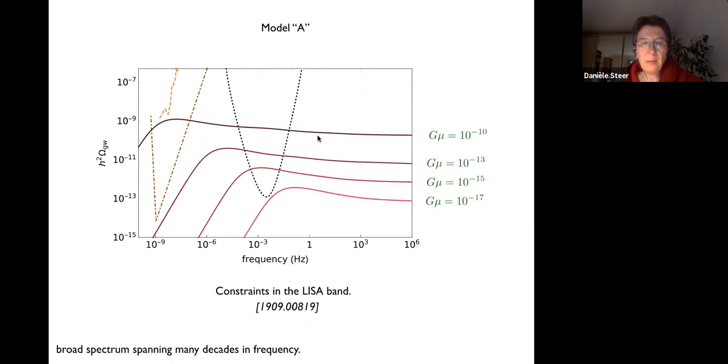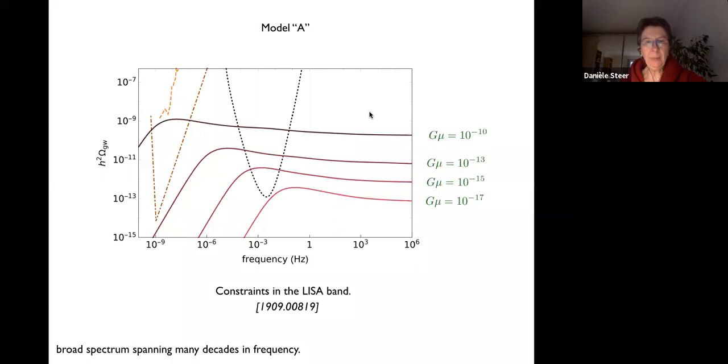But otherwise, it's a very broad spectrum, which spans a huge number of decades in frequency. So not only can it be constrained by LISA, but by pulsar timing and by LIGO up here. And I'll show you the results for LIGO in a second.